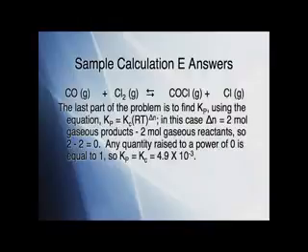The quick rule of thumb is that if the coefficients of gaseous products add up to the same number as the coefficients of gaseous reactants, then Kp and Kc will be the same magnitude, same number.